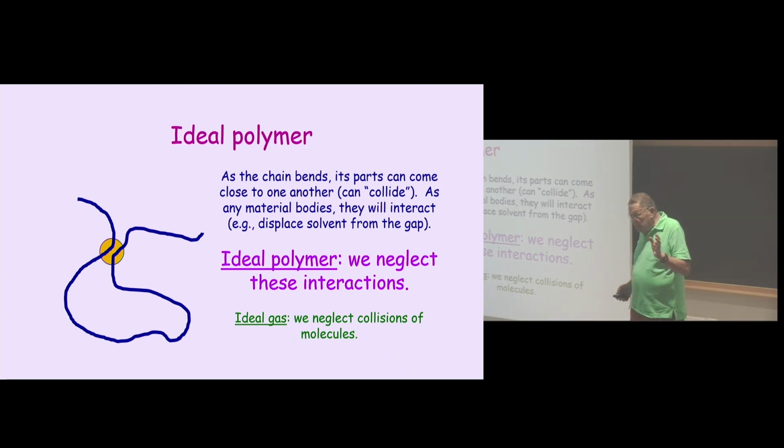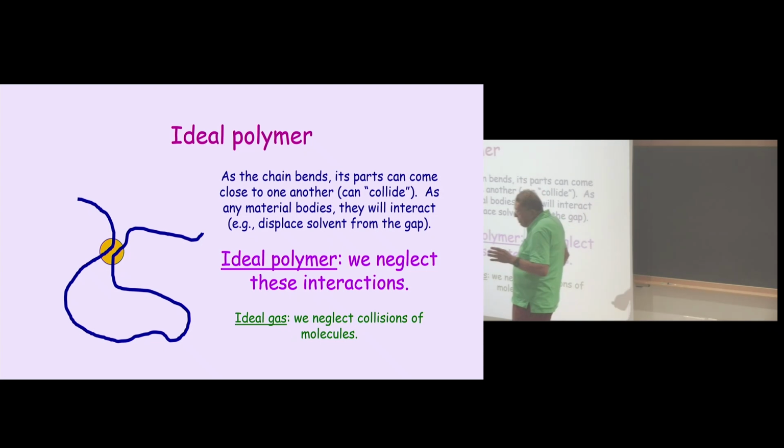In polymers, actually, the range of situations in which the ideal polymer approximation is a good approximation for real objects is wider than for ideal gas. The concept of ideal polymer is more widely applicable than ideal gas, for reasons that you will learn mostly in subsequent lectures, such as, surprisingly, in the melt, when there is no solvent and everything is packed with polymers.